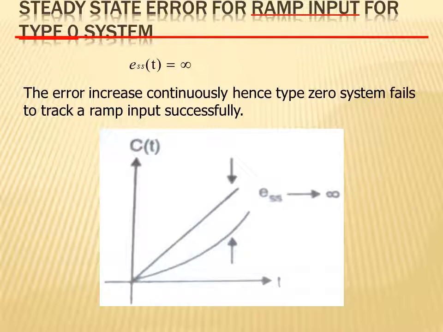The ramp input is shown by the straight line. And next is the steady state output. So because of this steady state error, there is the gap between the two, and we can say that the error increases continuously. Therefore this type 0 system fails to track this ramp input successfully.